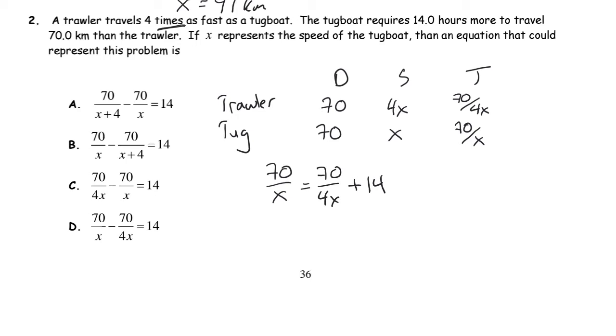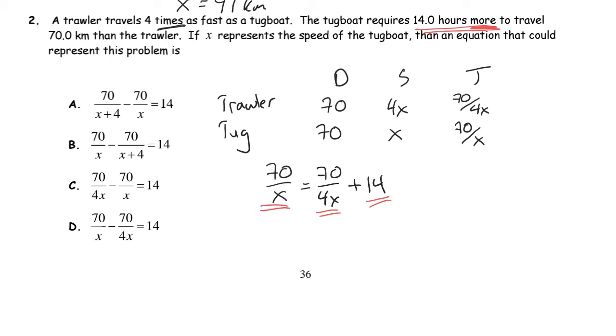That can be a real problem for word problems of this nature here. Okay. So the time that it takes the tugboat is going to be the time that it takes the trawler plus an additional 14 hours. It requires 14 hours more. There's your addition.